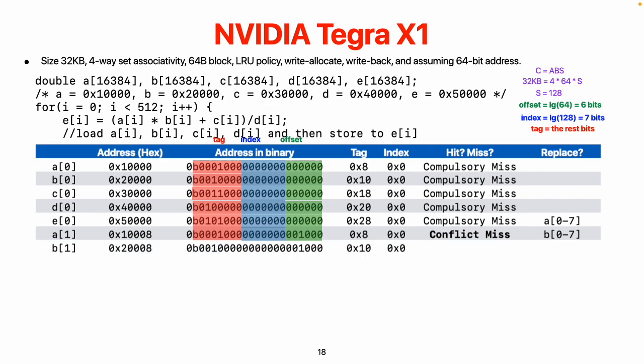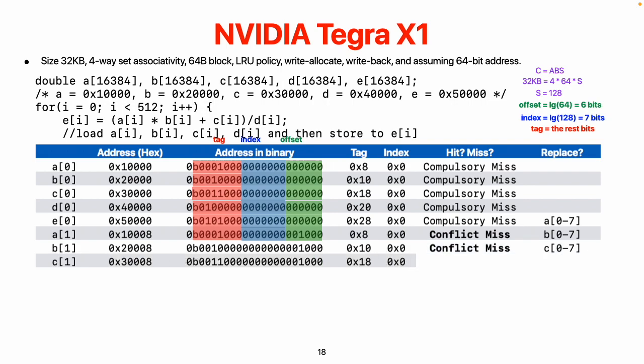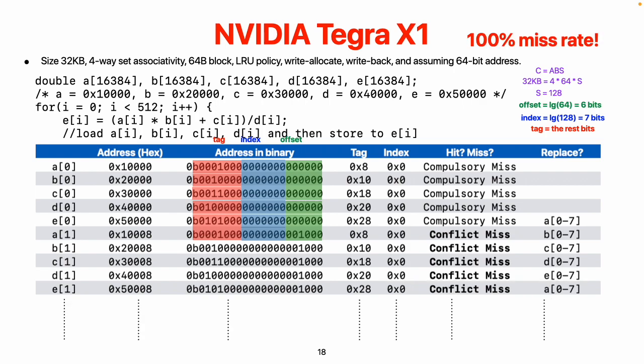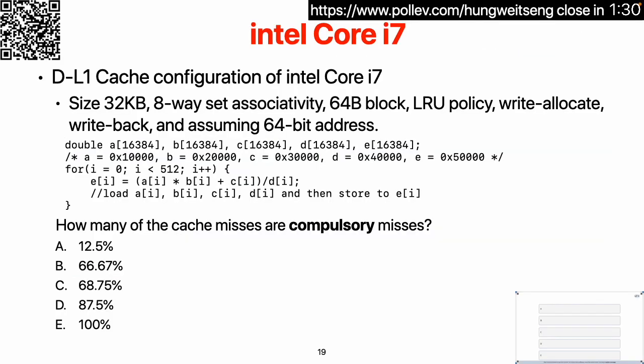What type of miss? Also conflict. How about this one? Conflict. And this one? Conflict. Okay, so if you keep going on, it's 100% miss rate. However, how many of them are conflict misses? 7 out of 8, right? So that's why the percentage of conflict misses is actually 87.5.